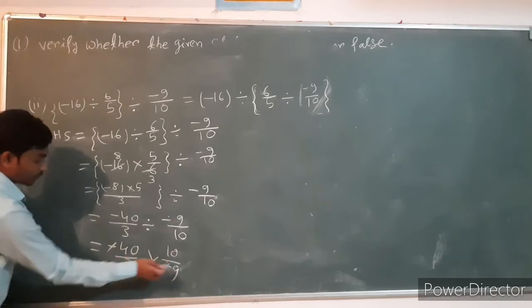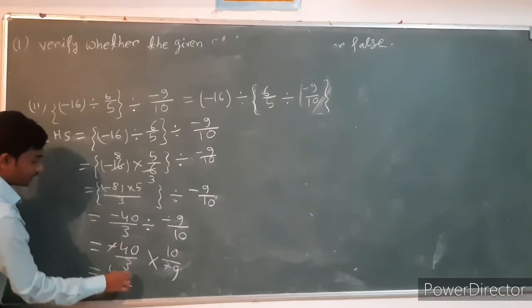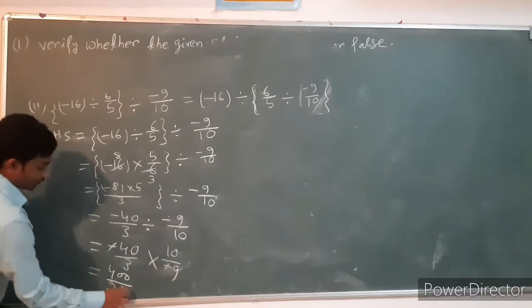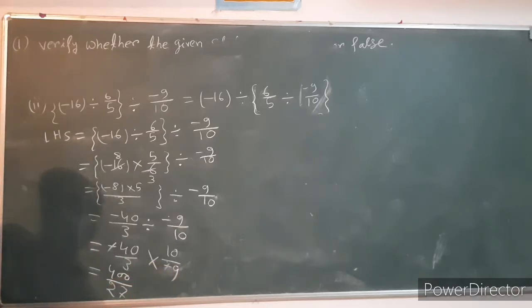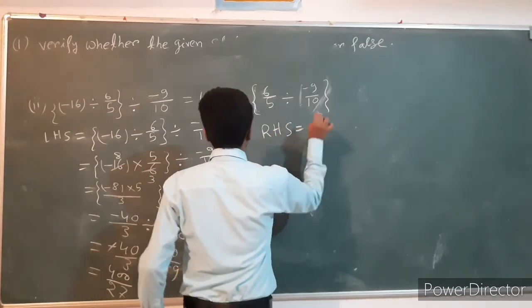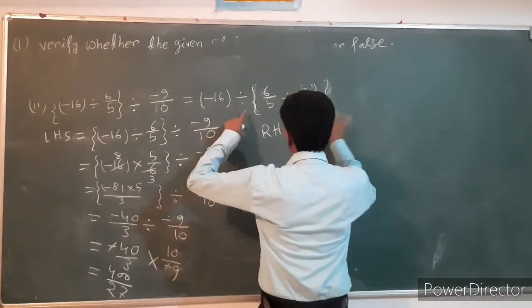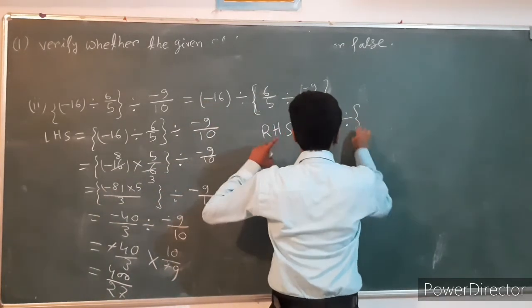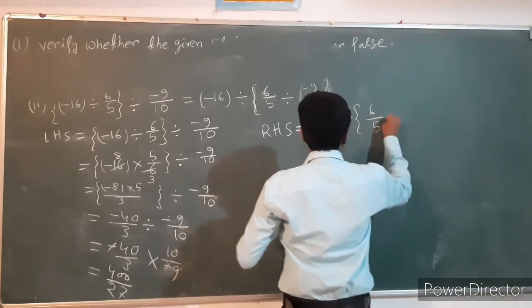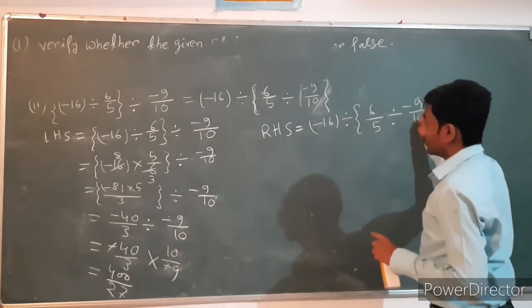Product of numerator upon product of denominator. 40 into 10, 400, 9 into 3, 27. So now RHS is equal to minus 16 divided by 6 upon 5 divided by minus 9 upon 10.